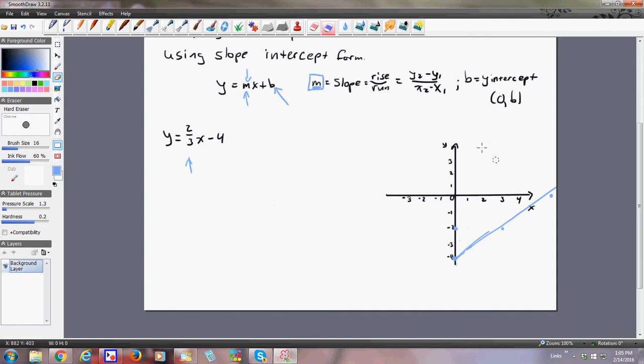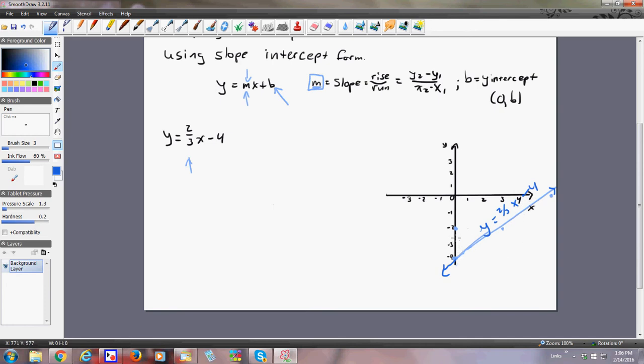But that's okay. The problem is I don't actually have a straight line function on this work pad for this program. So now I'm going to write y equals 2/3 x minus 4, because it's always good to label your line, and you should always use a straight edge and do the best you can.